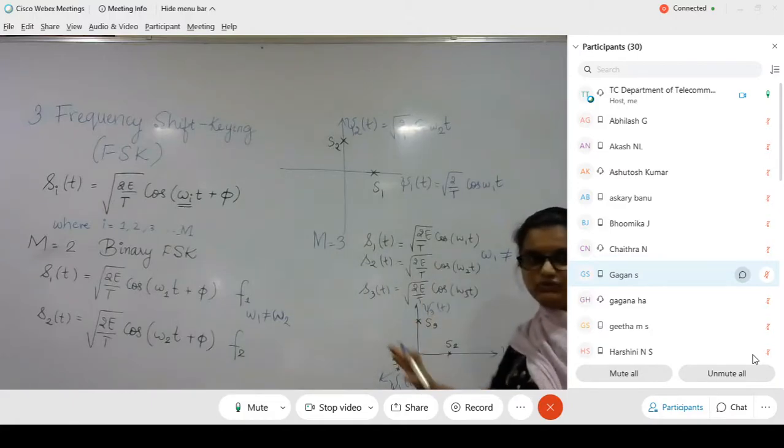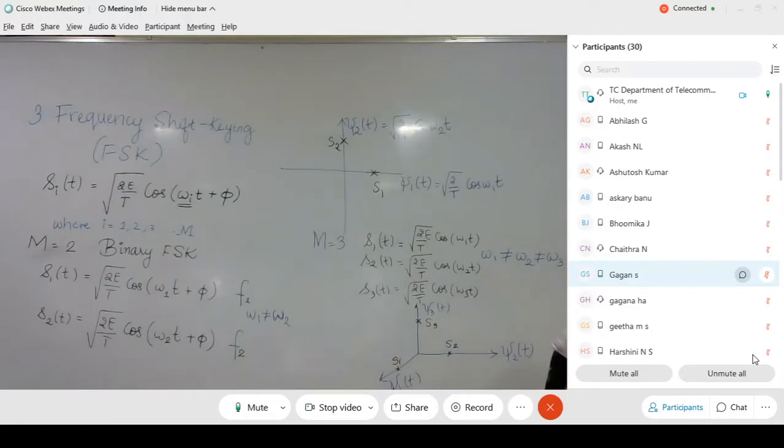I still have to write the waveform. Let me write. Yes, you asked me the doubt. Ma'am, if M value is greater than 4, what will happen? Right, the very right question. As a perception, we can only analyze the three-dimensional entity. For M is equal to 4, it is going to be a very complex scenario where I need the fourth dimension representation, which is practically not possible.